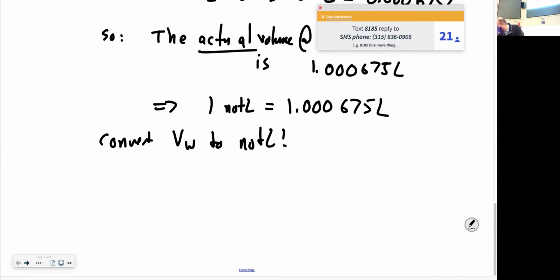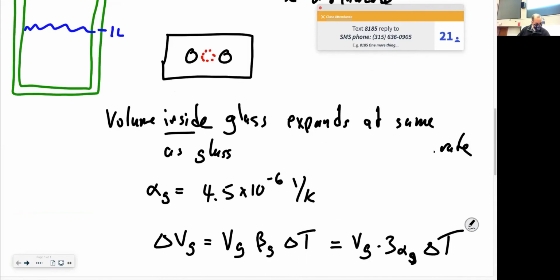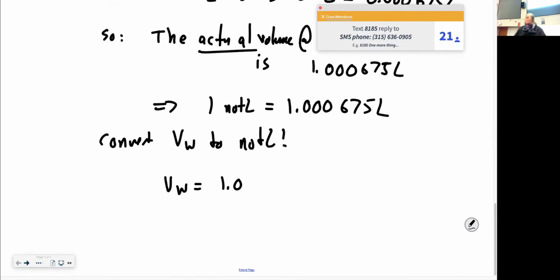I know that V water is 1.0, was it 2285? And I've got a different number here than I had over here. Uh-oh, that's dangerous.